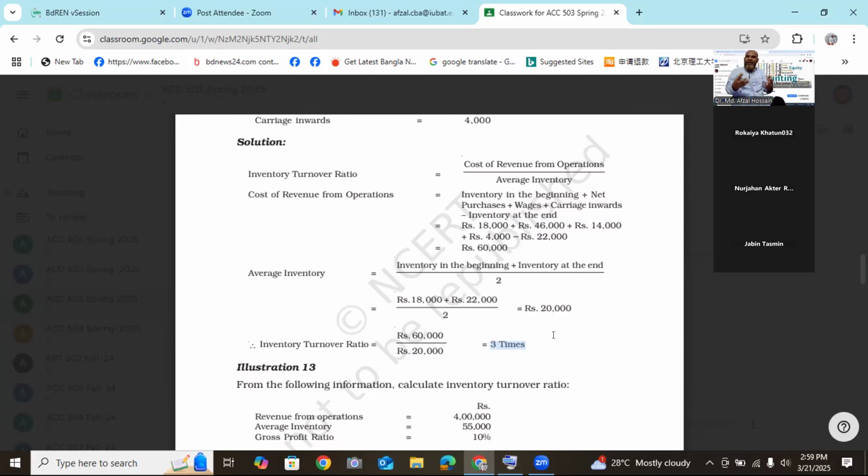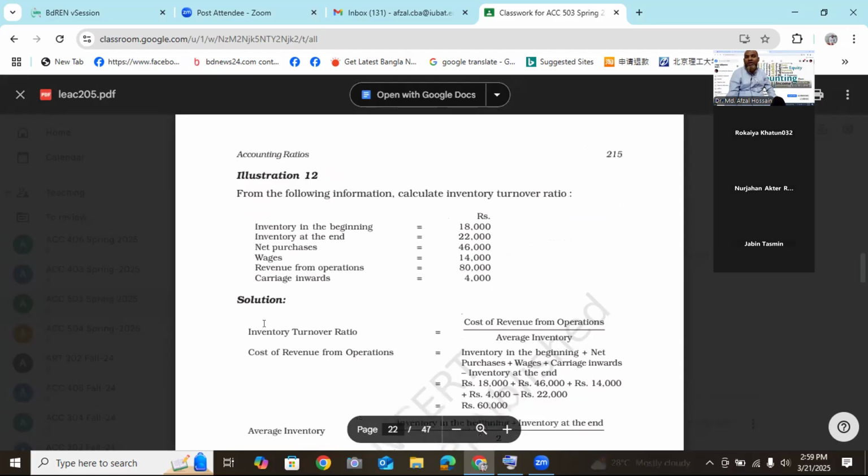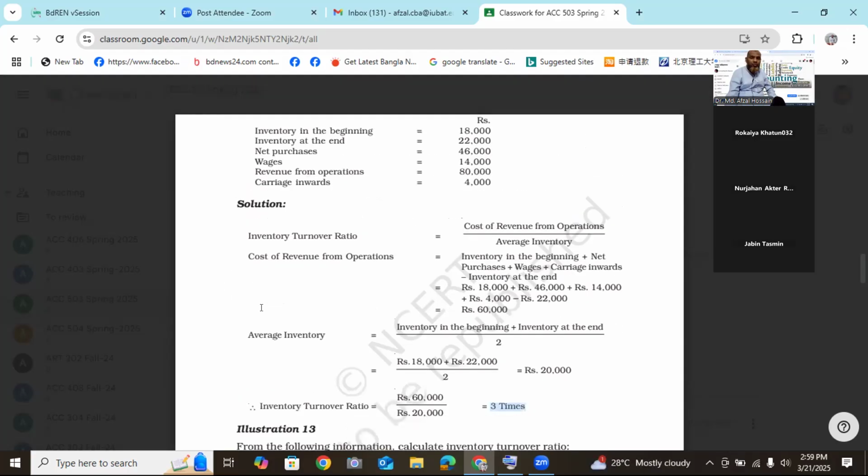You can earn money, and after that you can again purchase inventory and sell it. So your cycle will be faster, and your liquidity position and this activity ratio, the inventory turnover ratio, is good. Okay, you understand?